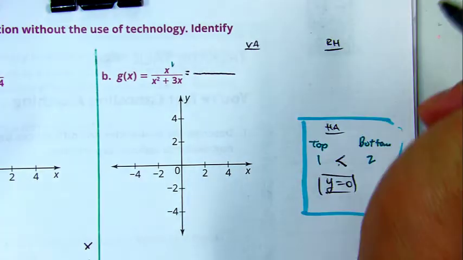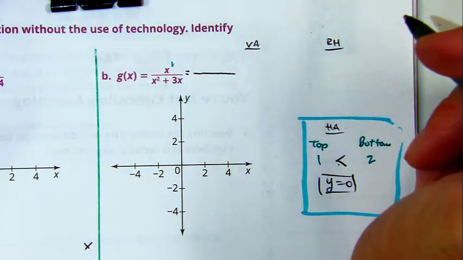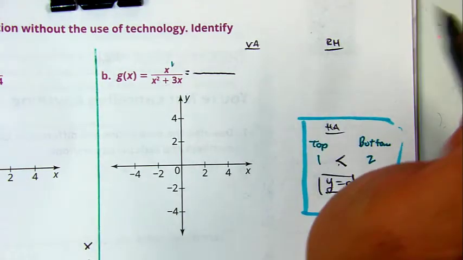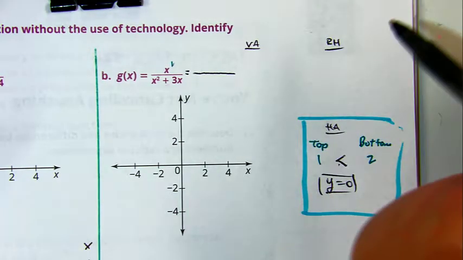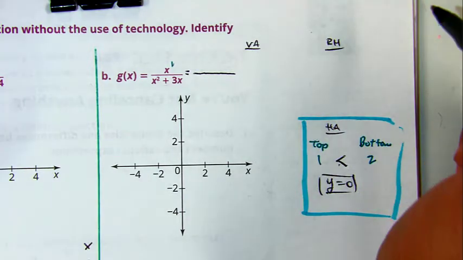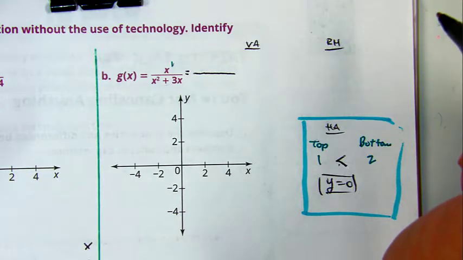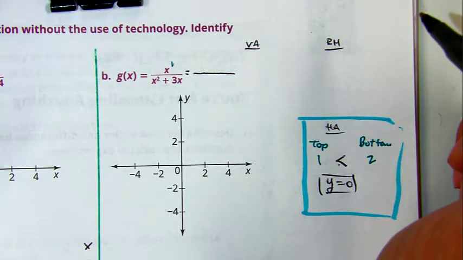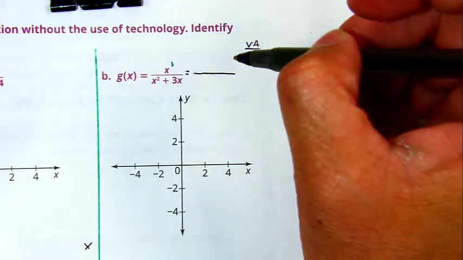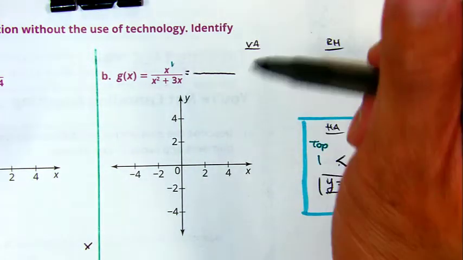What did you get? When you factor, you got 0?